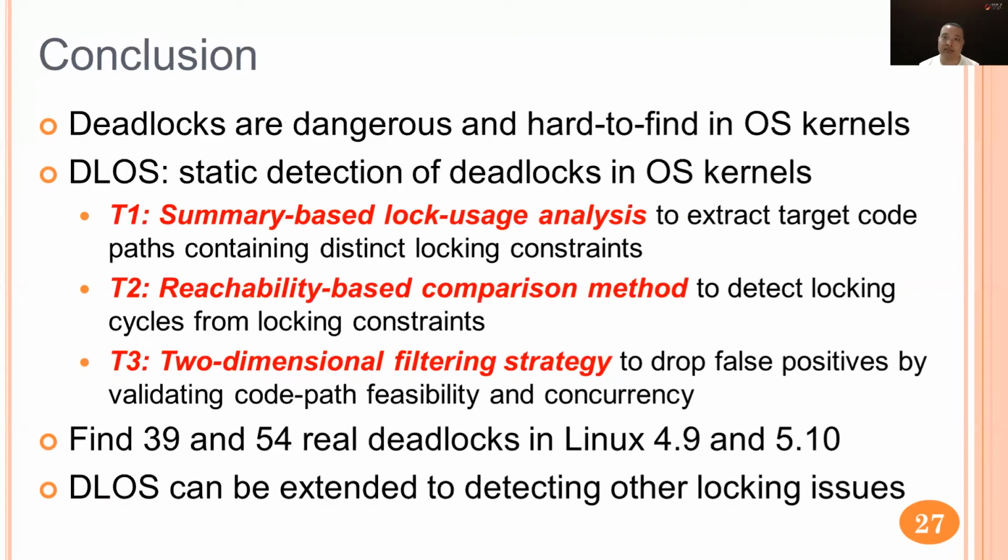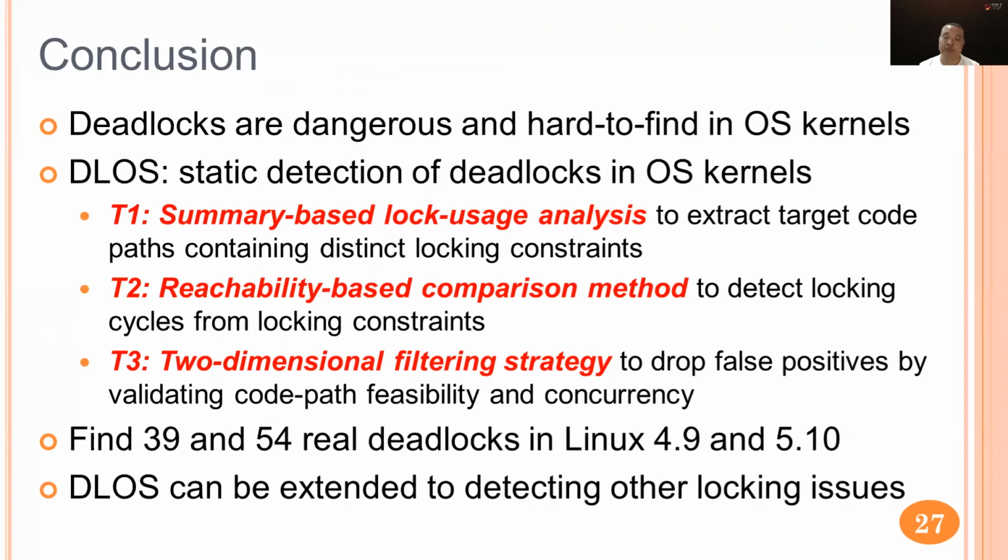Finally, let's conclude the work. Deadlocks are dangerous and hard to find in OS kernels. To detect kernel deadlocks, we propose a new approach named DLOS, which has 3 key techniques.